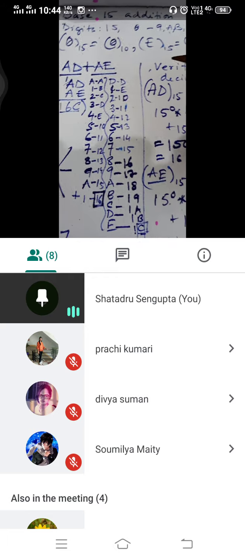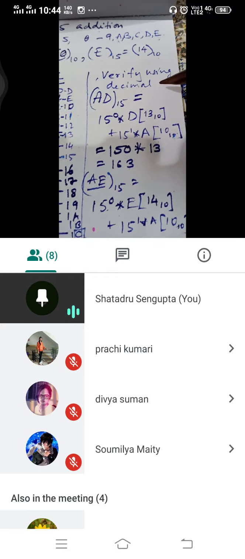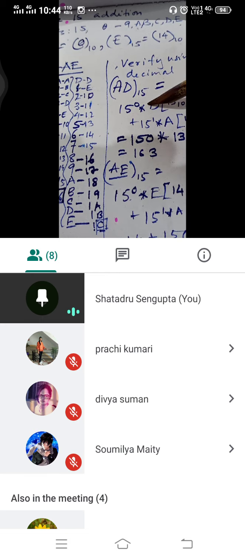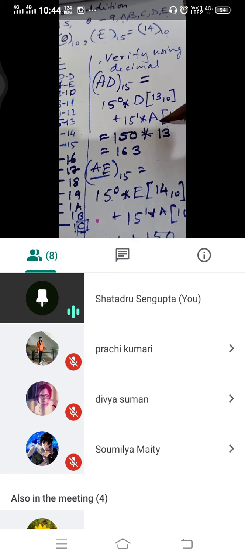Now let us verify this using our decimal notation. AD is 15 to the power of 0 multiplied by D plus 15 to the power of 1 multiplied by A. This is how we do it.